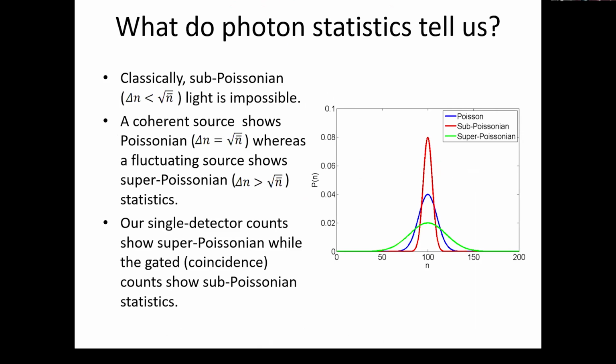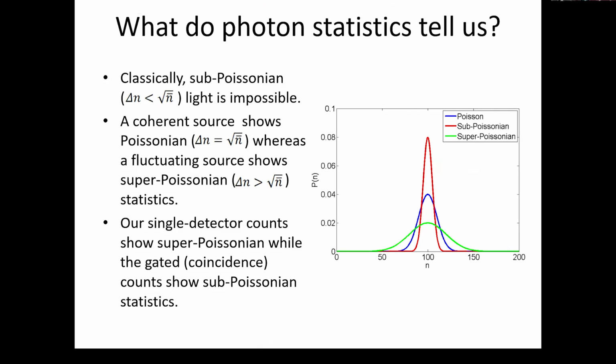So how do we tell that these are single photons? There are different ways of distinguishing between different kinds of light. One way is to look at the statistics of detection. The statistics of detection means you just have a time interval and you count the number of photons coming in that time interval.